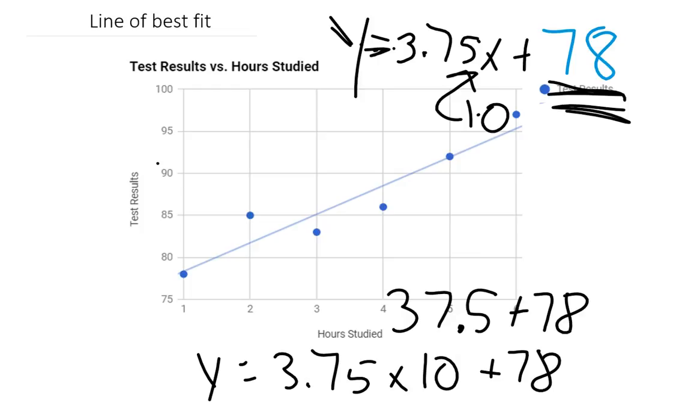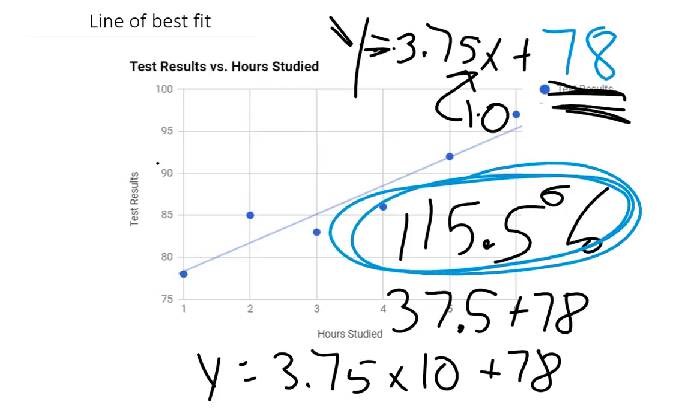I can see that my test score is going to be somewhere around 115.5%, which is probably a little unrealistic. But that makes sense because this is just a projection. It doesn't account for the fact that really the max test score is going to be 100%.